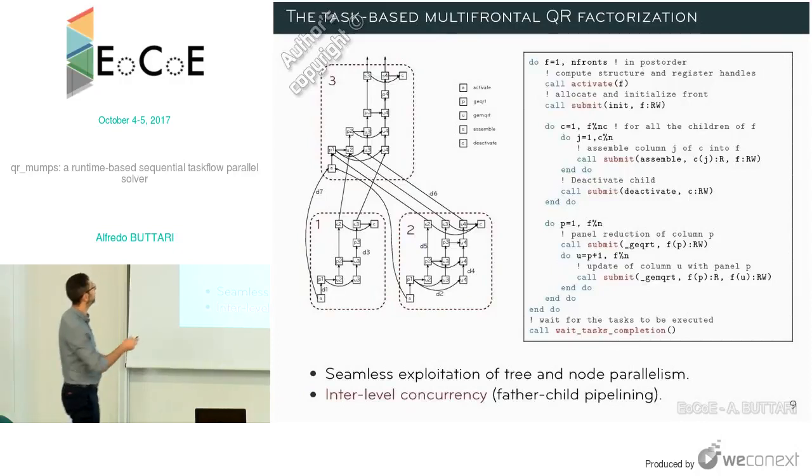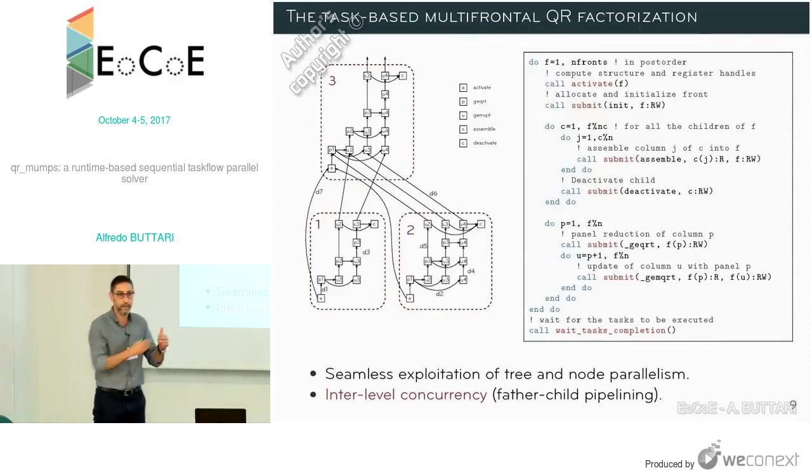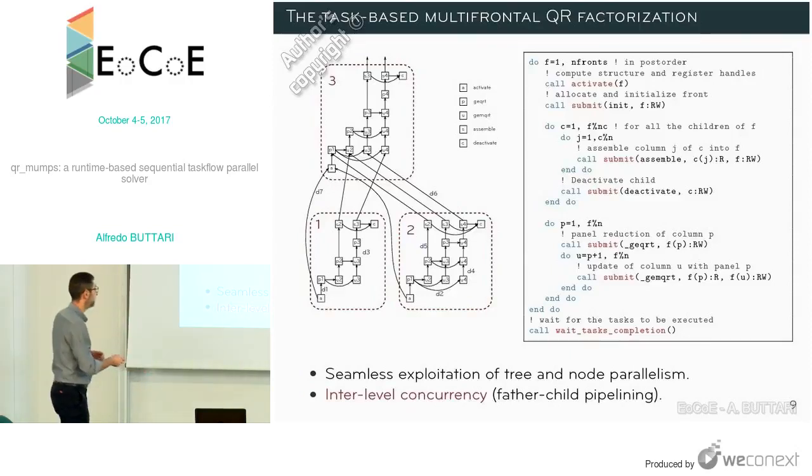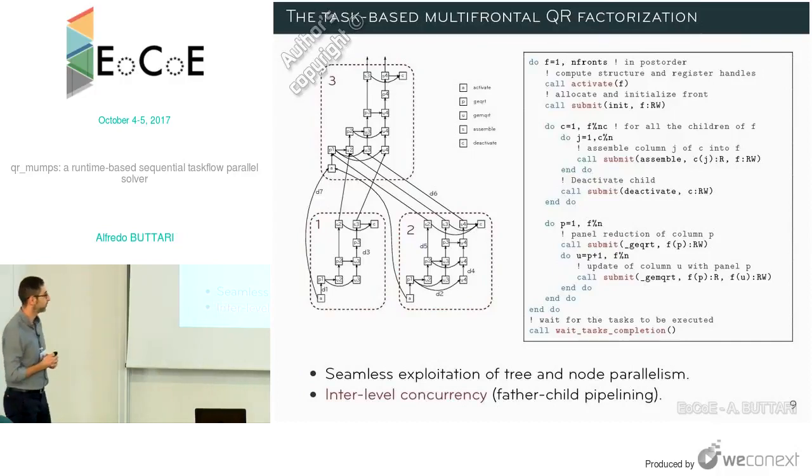And actually we can go even a little bit further because we can start working on some tasks associated with the top node before all the tasks associated with the children are finished. So we have an extra concurrency which we call inter-level concurrency, okay?